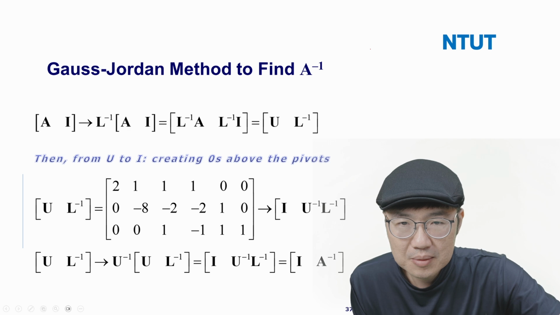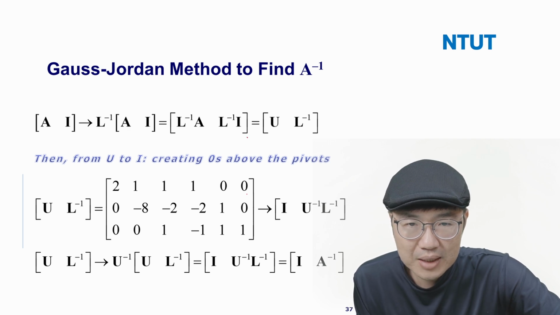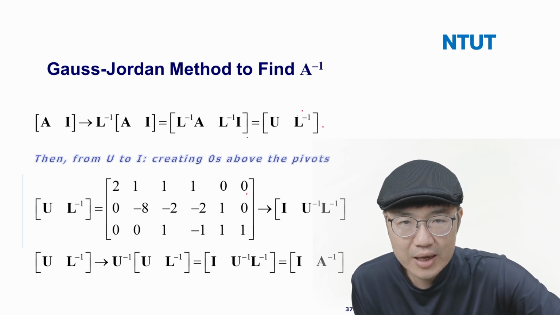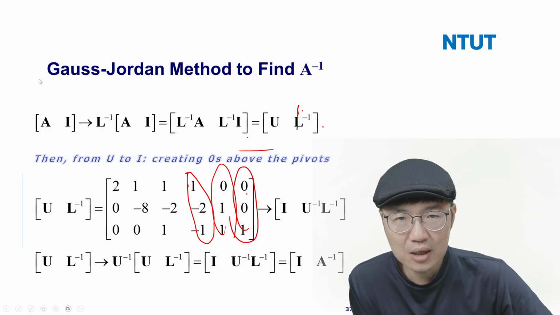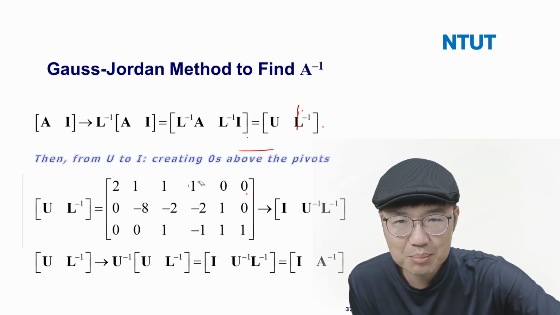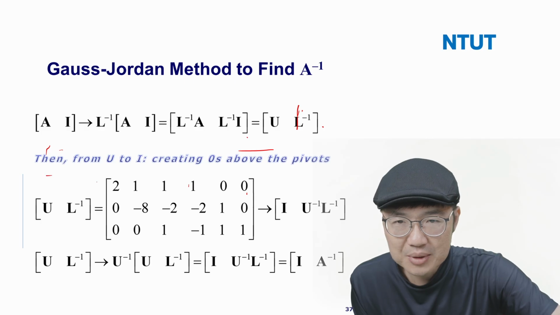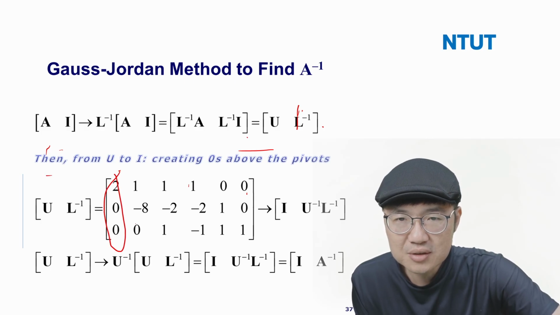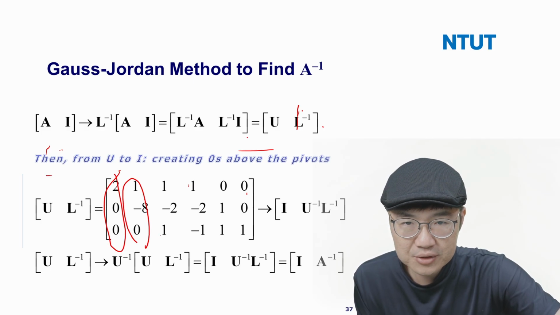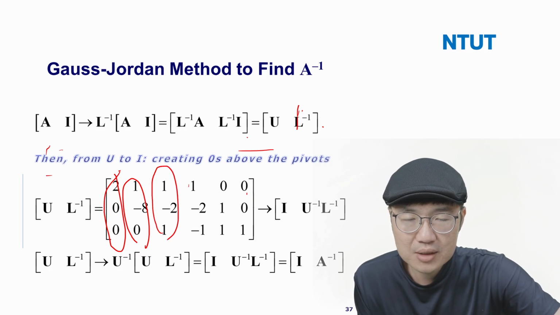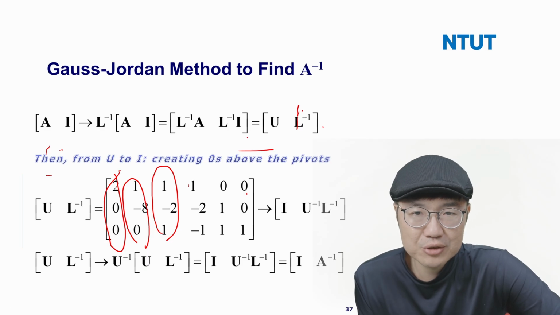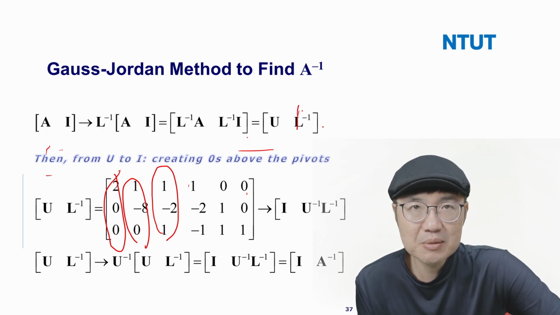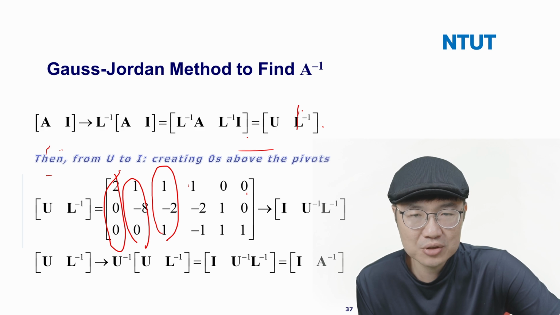The result for Gaussian elimination is 2, 4, minus 2, 0, minus 8, 5, and 0, 0, 1. Remember, the goal is to have an upper triangular matrix where we can see pivots and the independent structure easily.